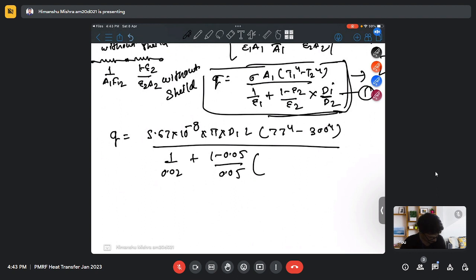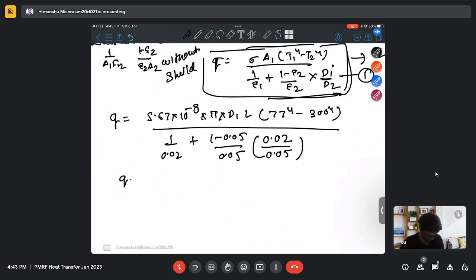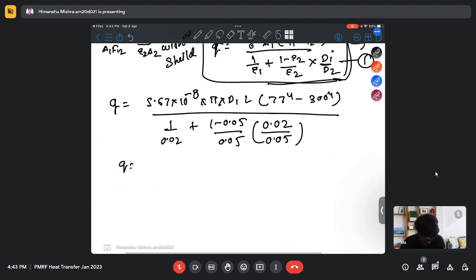My d1 by d2 is 0.02 by 0.05. So this is my heat transfer between two surfaces without shield, and on calculating this I will get minus 0.5 watt per meter. So this is my heat transfer without shield.